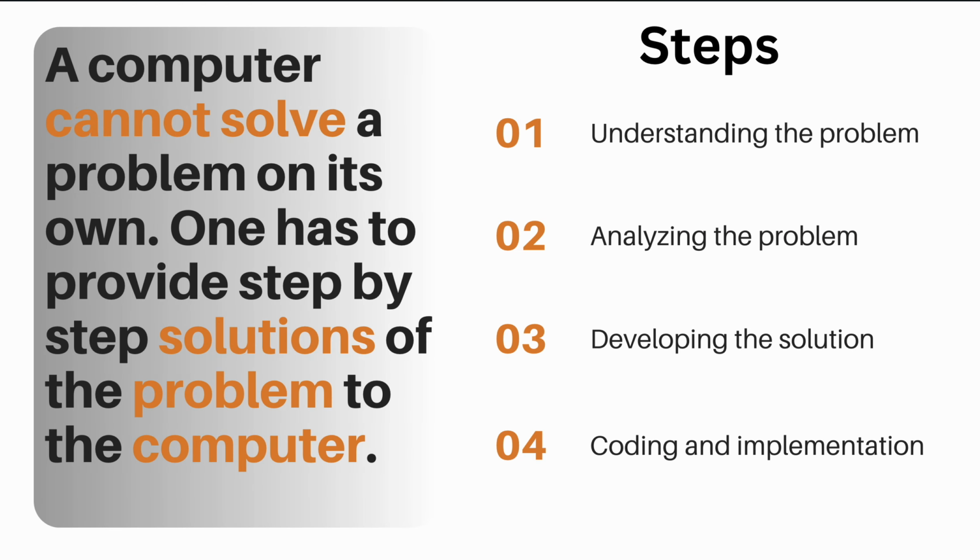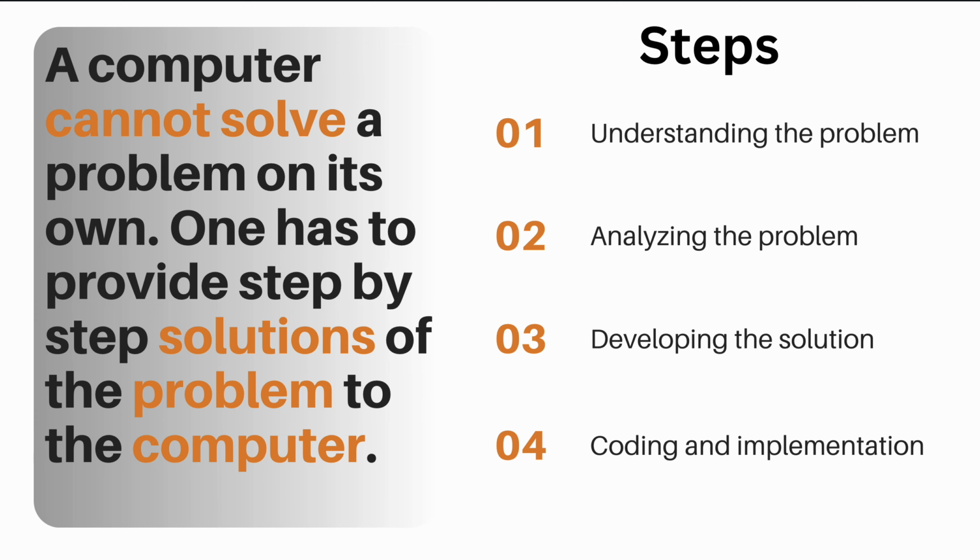So what can be those steps? To solve a problem in a computer, the first step is understanding the problem, right? Understand what the problem is. Thereafter, analyze the problem.